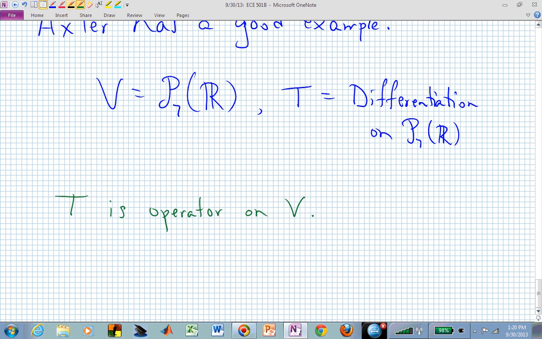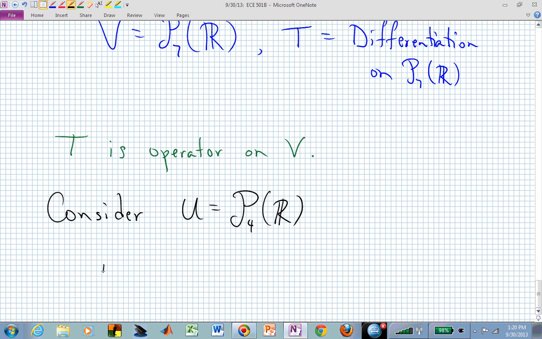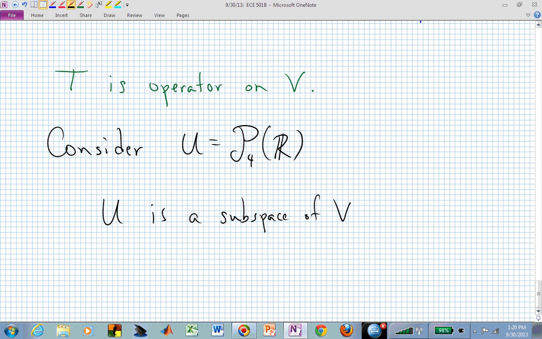Now, consider the following. What if we restrict this operator to a subspace, and in particular, what if we make this subspace U the set of fourth order polynomials? Well, I hope it's clear that U is a subspace of V. And what else can we say?